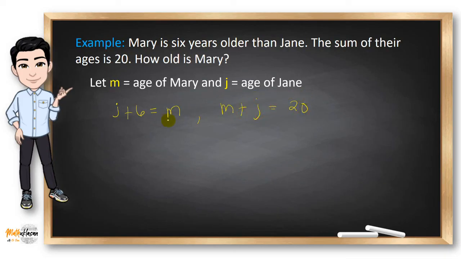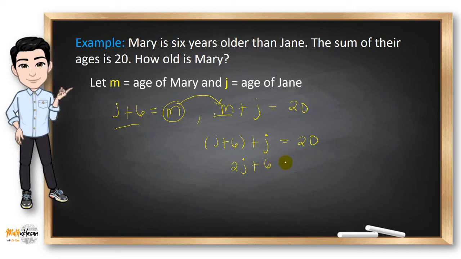Now, by using this first equation, all we need to do is to substitute J plus 6 to M. So that we'll have J plus 6 plus J equals 20. We need to solve for J first for us to know the age of Mary. So J plus J is 2J.